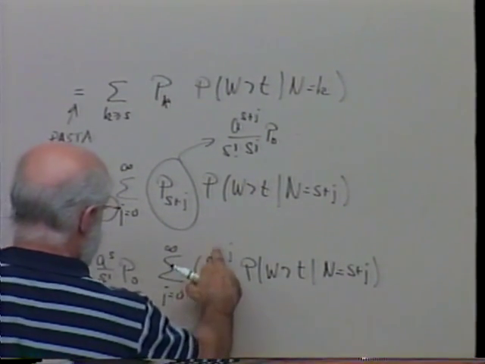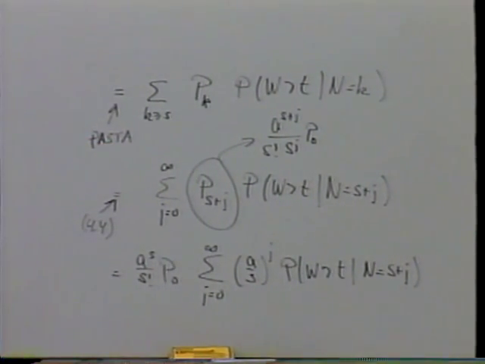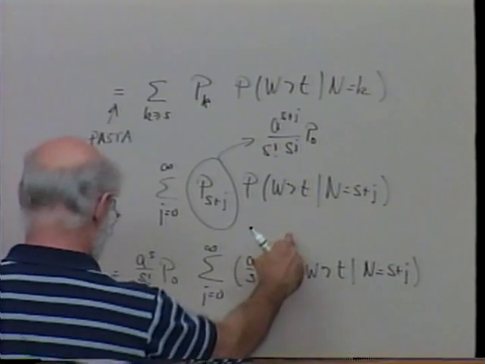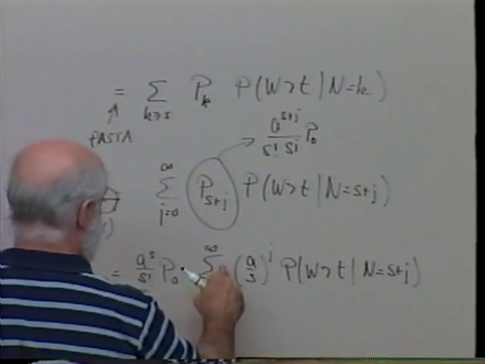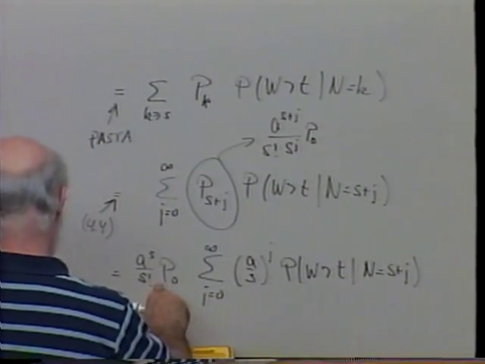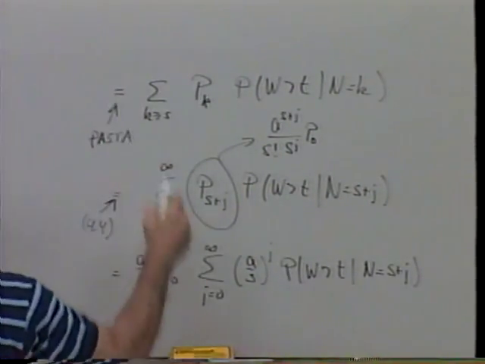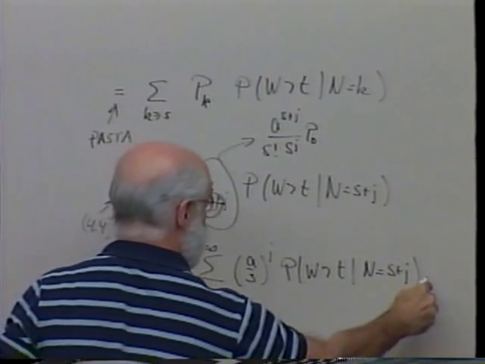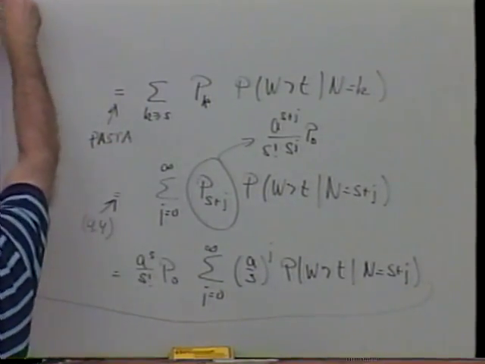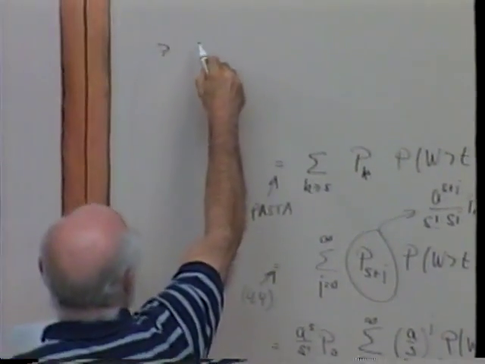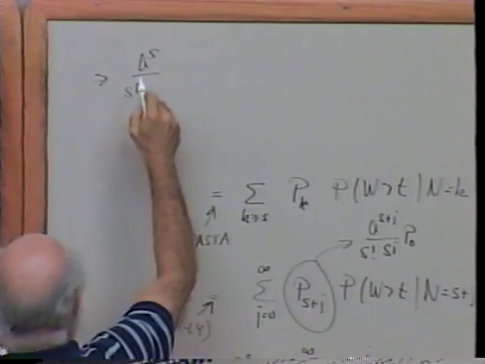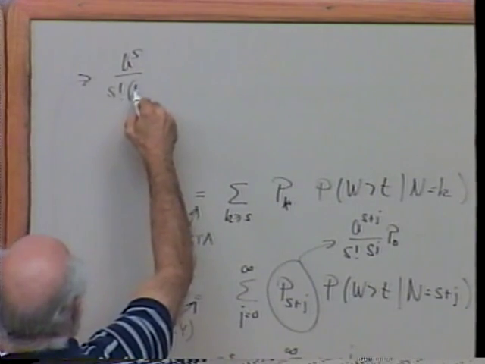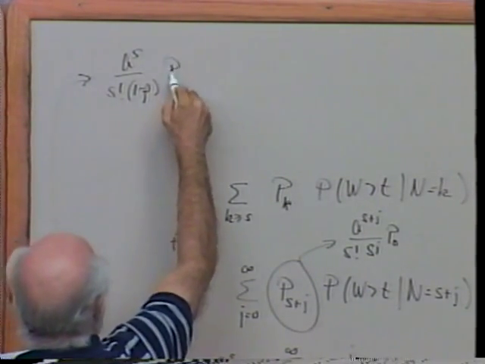I'm going to write this as follows. I'm going to note that a over s is equal to rho, the server utilization. So this is going to be rho to the j. In fact, what I would like to do is put a 1 minus rho in here and a 1 minus rho out there. Okay, so continuing along, I'm going to write this as (a to the s over s factorial) times 1 minus rho times p0.